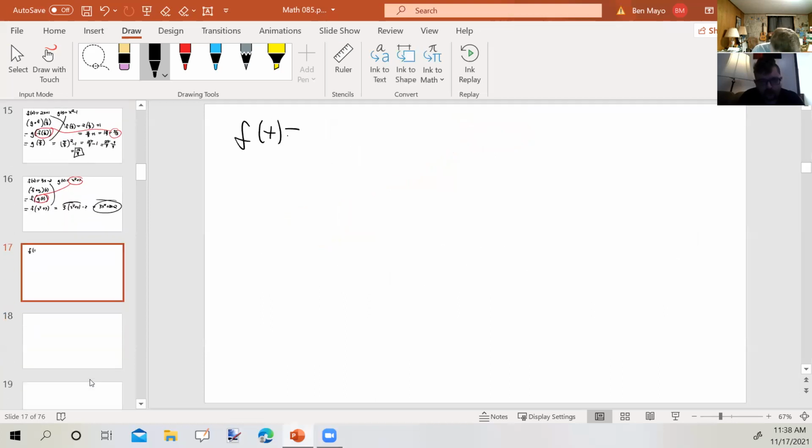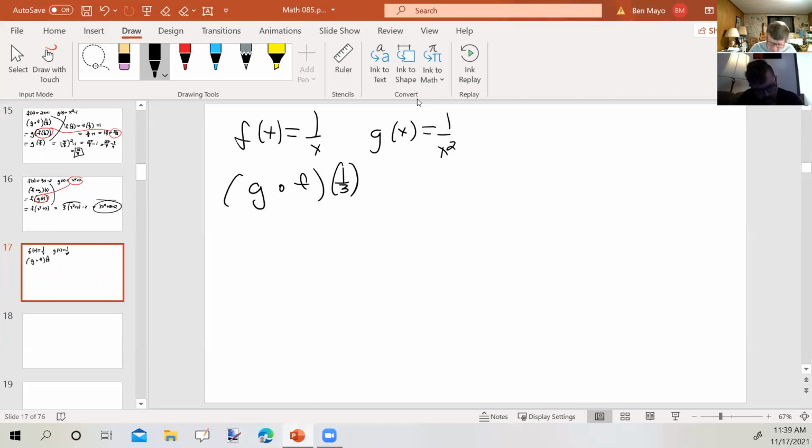Let f of x equal 1 over x and g of x equal 1 over x squared. Find g composed with f of 1/3. That's equal to g of f of 1/3.